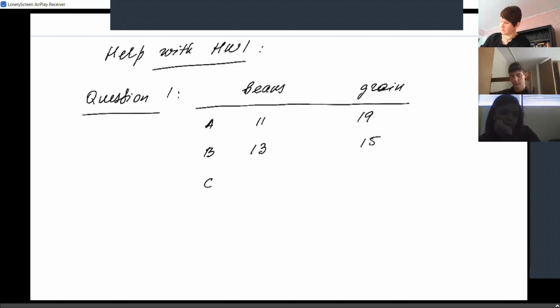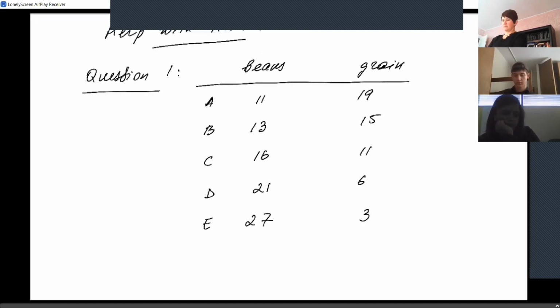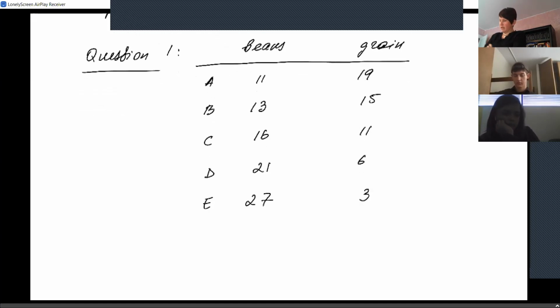For C, 16 and 11. For D, 21 and 6. And the last one, E, is 27 beans, and grains is 3. You all see that? Where A, B, C, D, and E are production combinations.